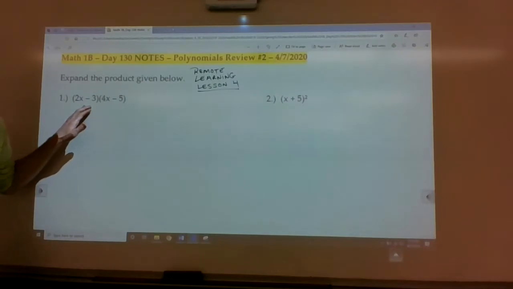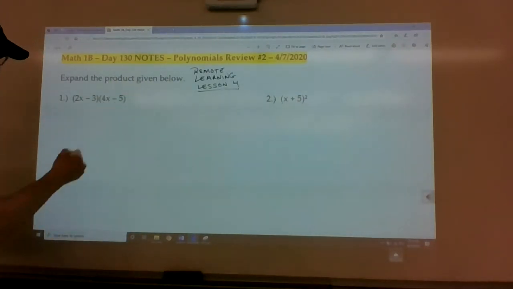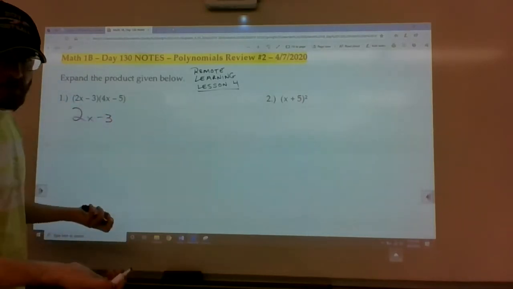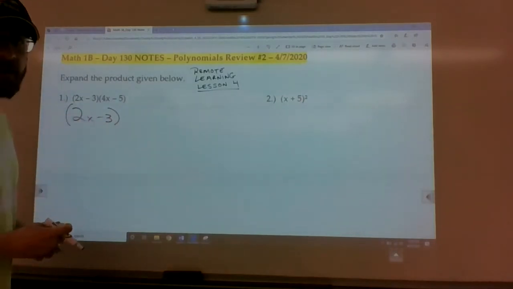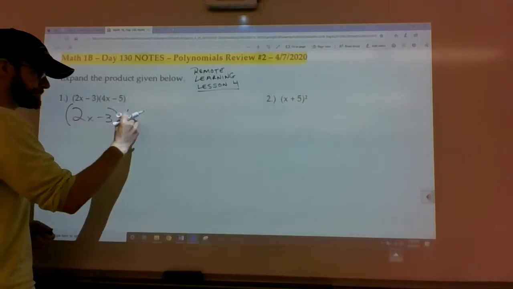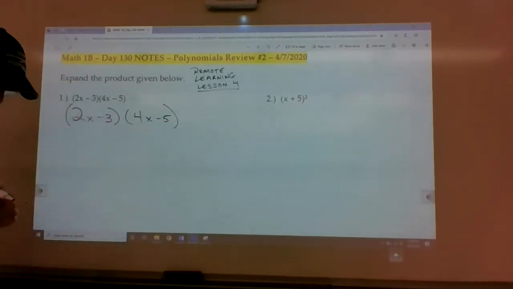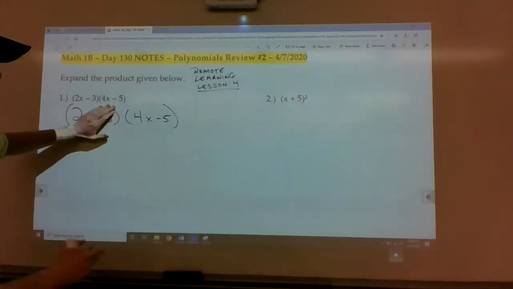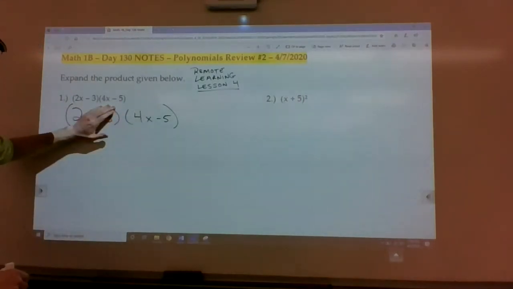Now when you take what's called a binomial, I'm going to write this bigger in a red marker. So a two-term polynomial, we called it a binomial, times another two-term polynomial. I'll use a black marker for this one. Now what we did when it was only one term on the outside of the parentheses is we just distributed that one term all the way through.